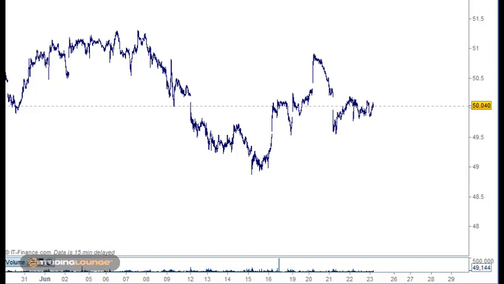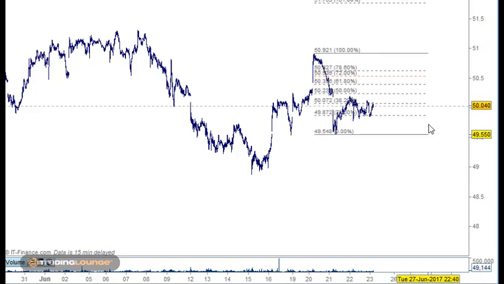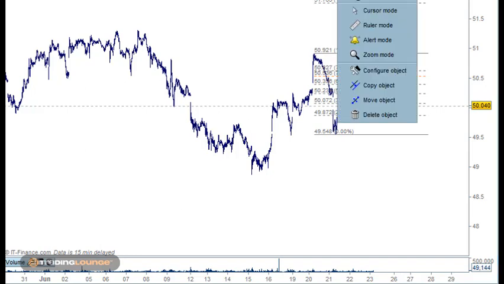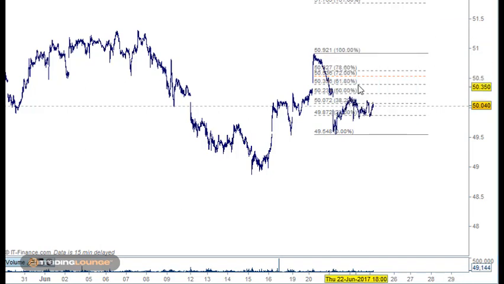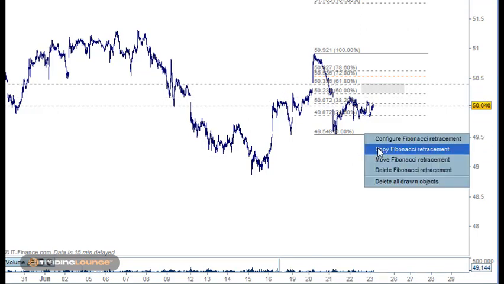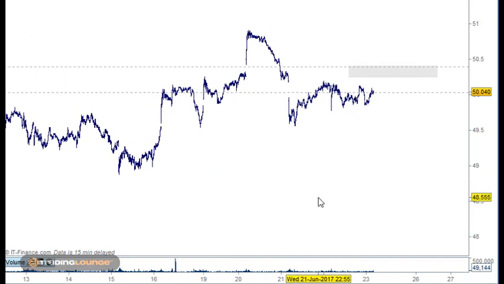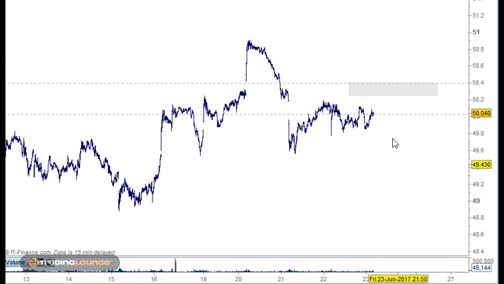We know that this move down here, we couldn't be long unless this level here, let's just tag that out there. So we couldn't turn bullish unless that became the support. It's as simple as that.